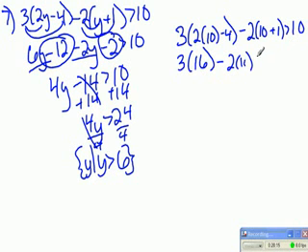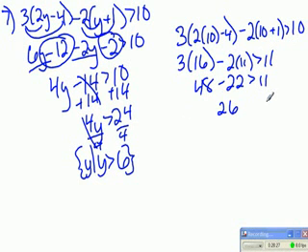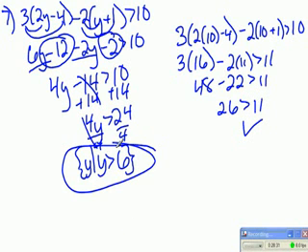And 10 plus 1 is 11. 3 times 16, if you don't know it off the top of your head, you should do it out, but it is 48. Minus 22 is greater than 10. 48 minus 22 should give you 26. Greater than 10, that is true. So my answer was right.